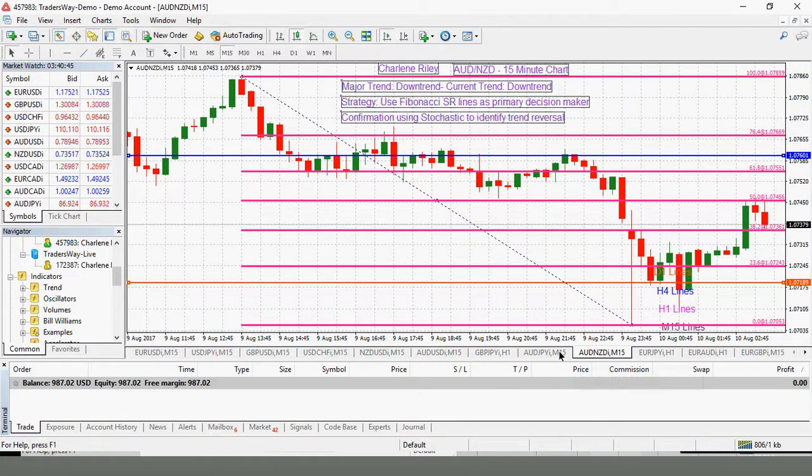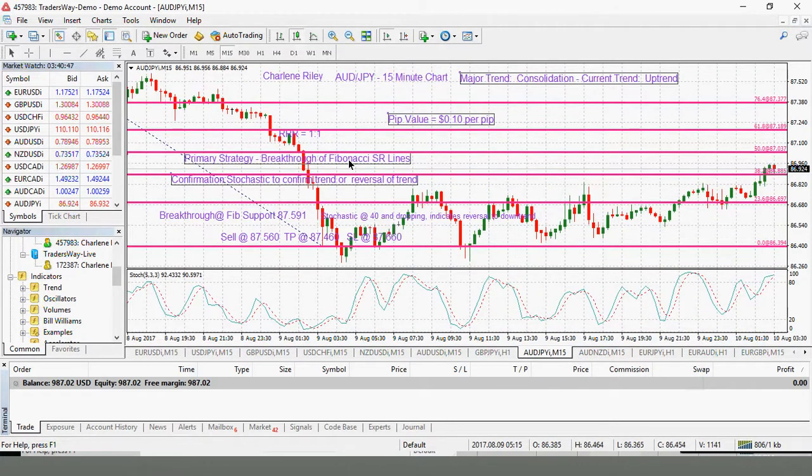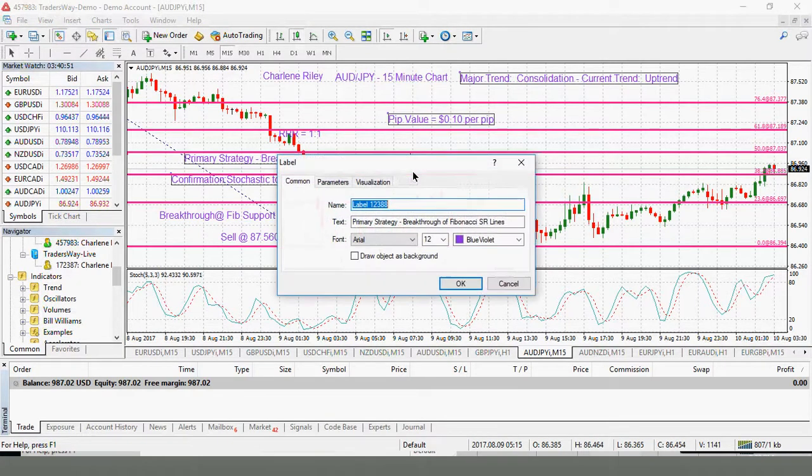Now, I'm going to copy the text from another chart because I want to keep it consistent from chart to chart.